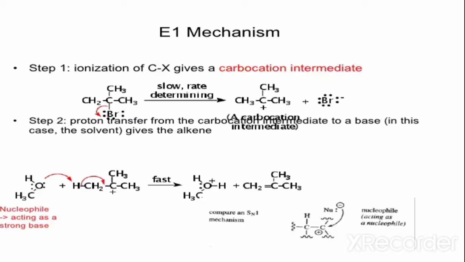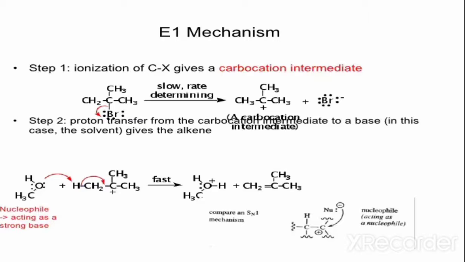In the second step, there is proton transfer from the carbocation intermediate to a base, in this case the solvent. The solvent contains a nucleophile that will attack the carbocation and take a proton from it.